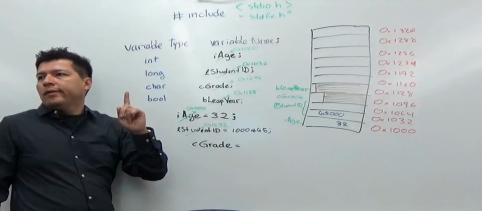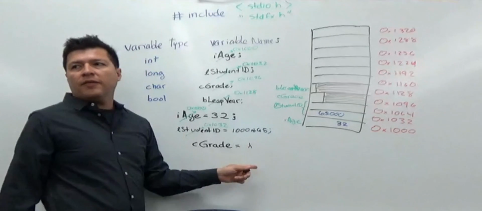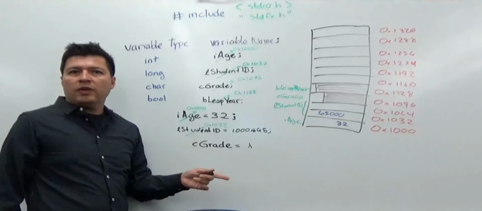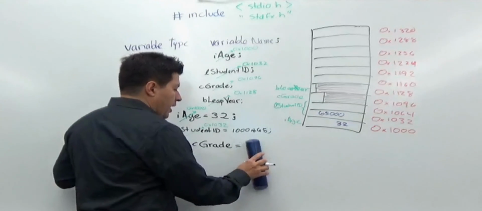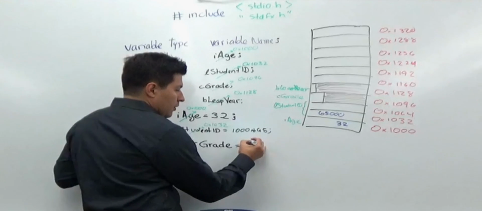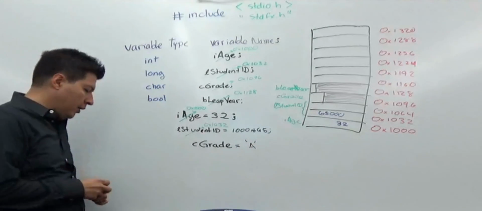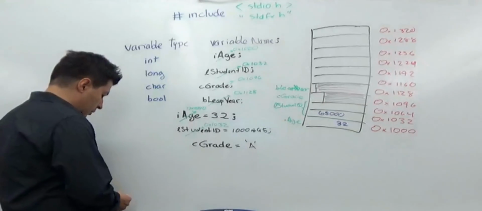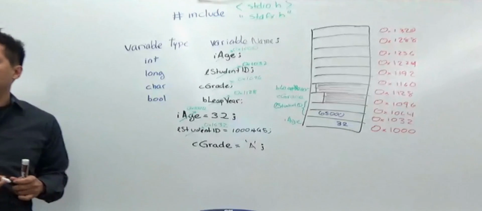I. So, if I say I, the computer is going to think it's a variable. You have to say, no, this is a character. Let's say you're an awesome student and you got an A, right? You've got to use single quotes to indicate it, and of course you need a semicolon at the end.